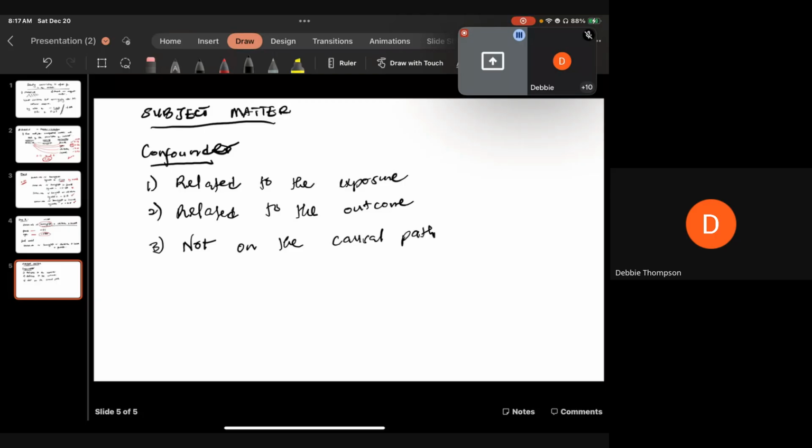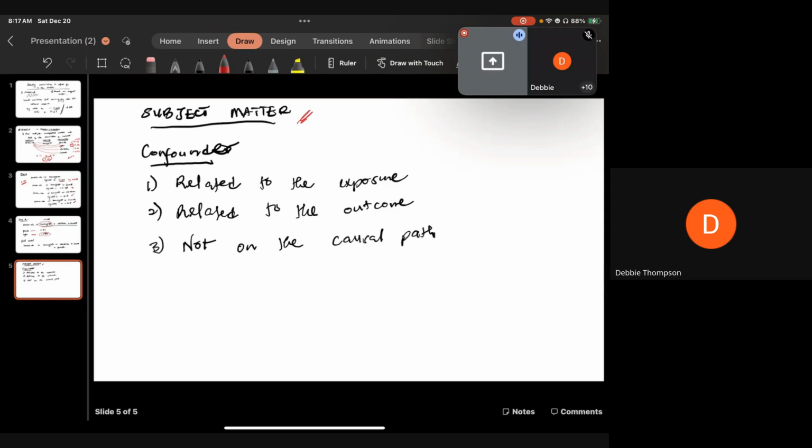Now, how do you know that the variable is related to the exposure? You have to have subject matter expertise. The example that we're using is simple enough, so all of us can imagine the relationship of mental health and hours worked.